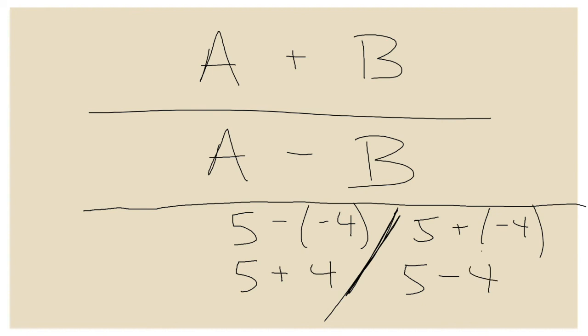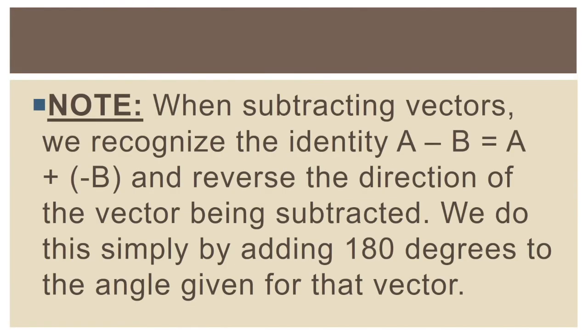And so all we really need to do, it's actually not that complicated, is just make use of a basic identity in math. When subtracting vectors, we recognize the identity that a minus b is equal to a plus negative b. And all we have to do is reverse the direction of the vector being subtracted.